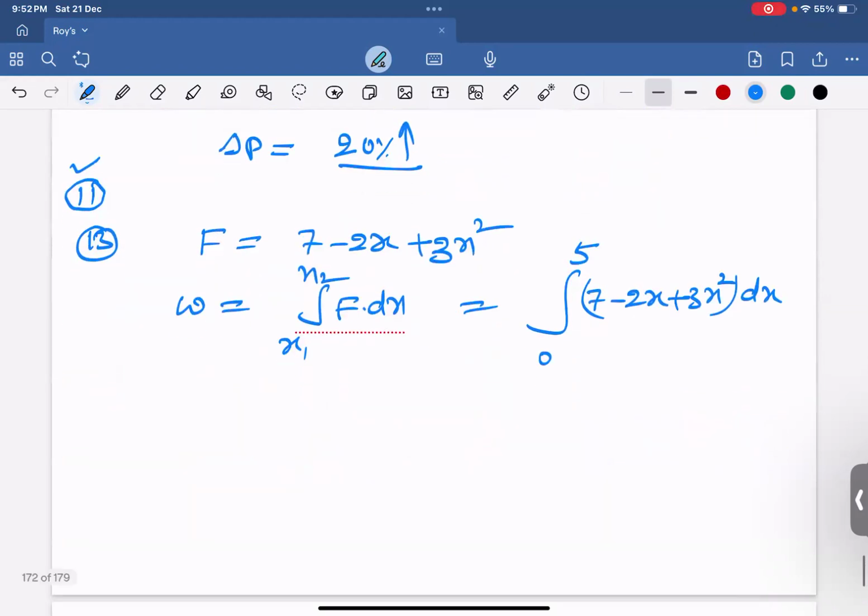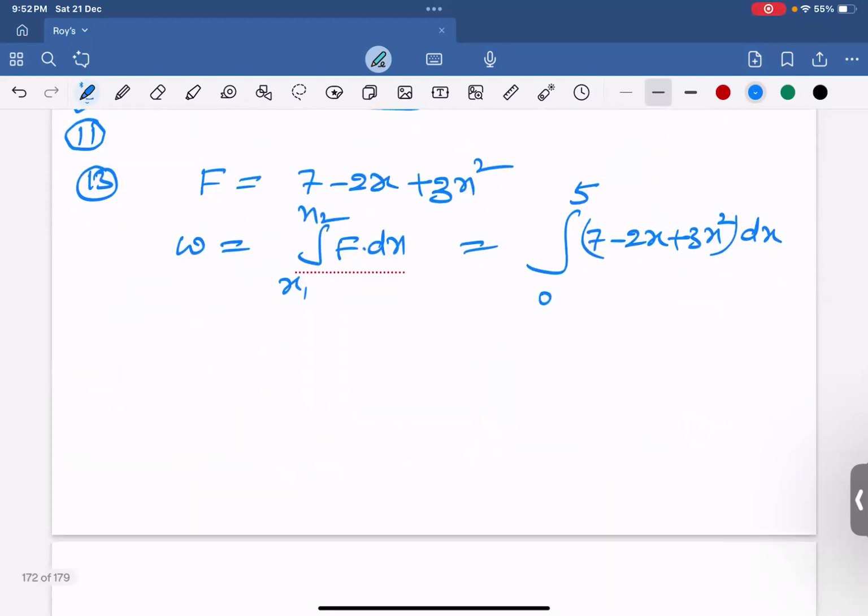So I'll get the answer. Just do this calculation. Tell me what answer you are getting.